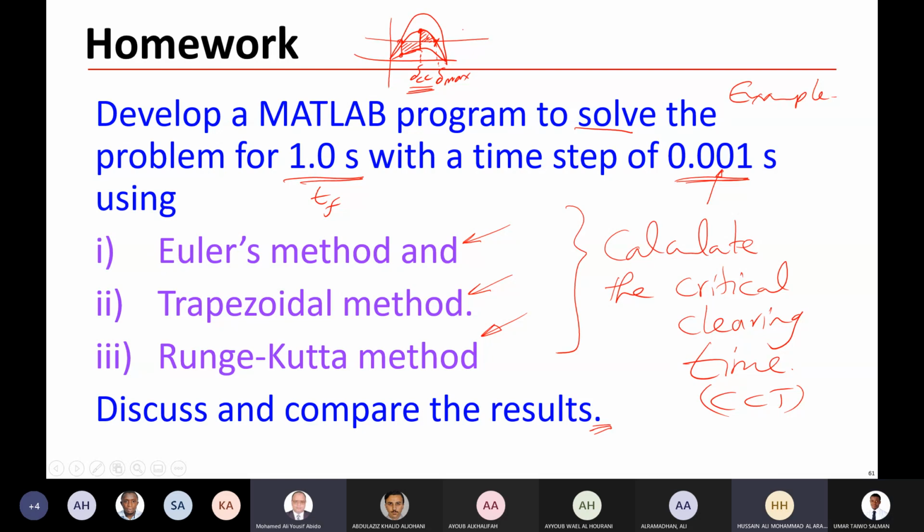We need to integrate. Integrate what? Here, the only case in equal area criteria that you can calculate the critical clearing time is where the fault is a solid fault at the bus, so the power during the fault equals 0.